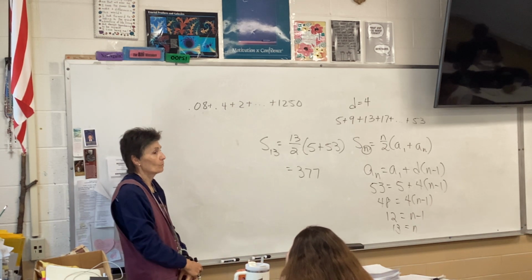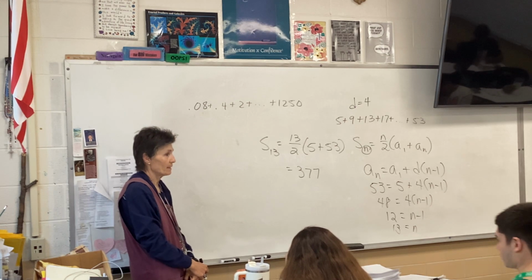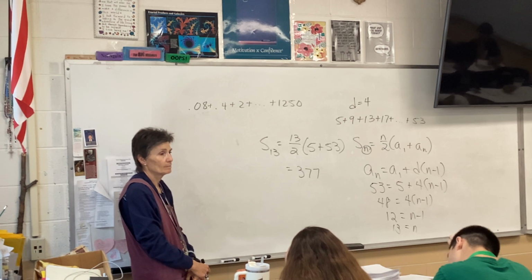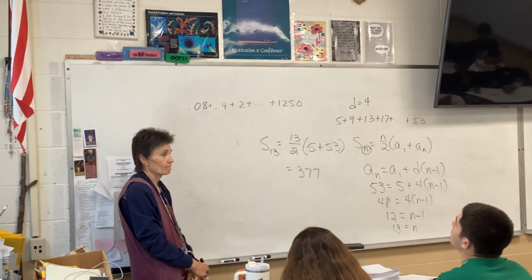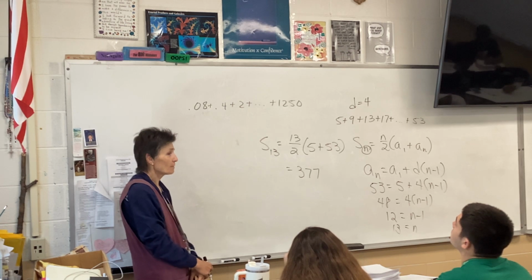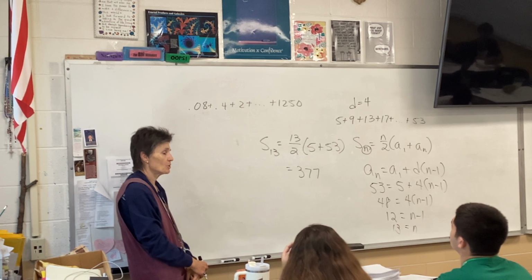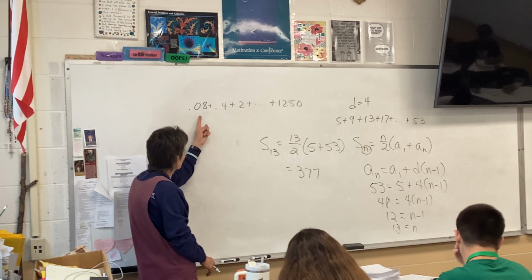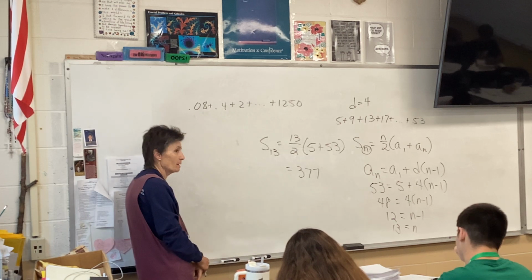What in the world is happening? Can you tell? I don't think it's arithmetic, do you? So it must be geometric. What do I multiply by to get from here to here, and here to here? What do I multiply by?